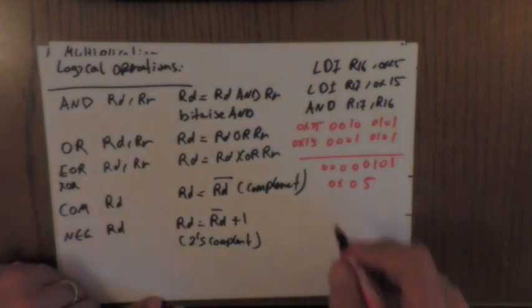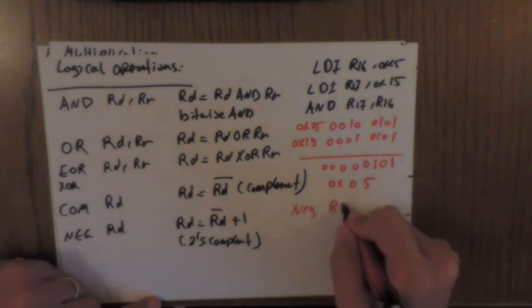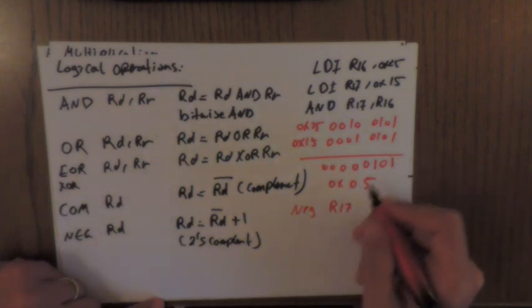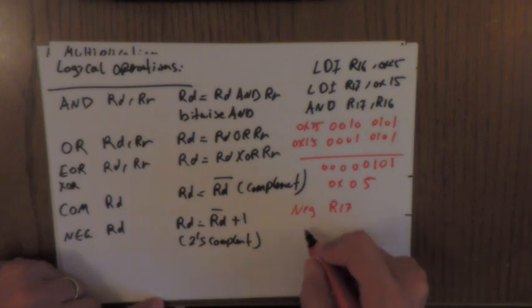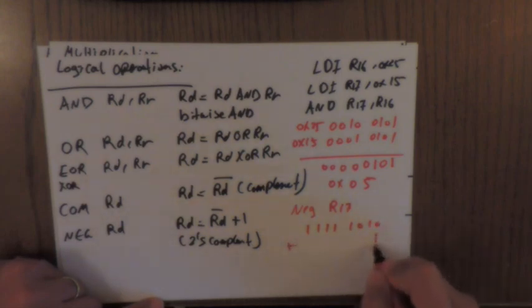If I want to take the negative of R17, what this does is it flips the bits first. So we'll have 1, 1, 1, 1, 0, 1, 0, then adds 1.